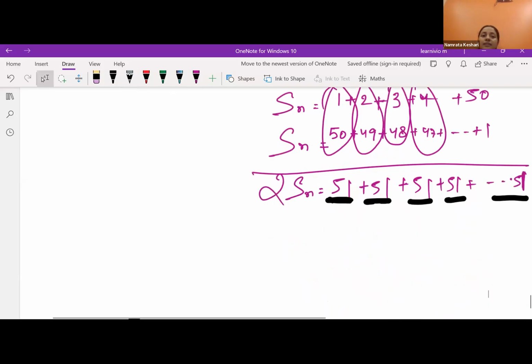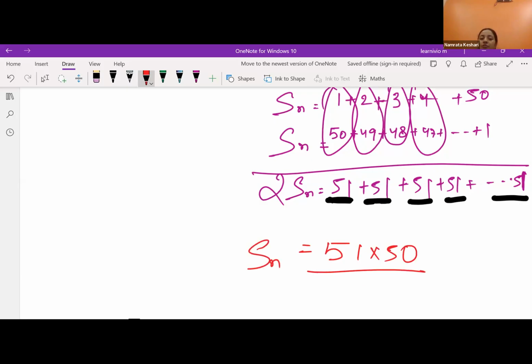We don't need to know this whole story. This has been done by Gauss, and he has given us a formula. I was just about to take the formula directly, but then I told the whole story. He said it will be 51 into 50, so Sn will be 51 into 50 by 2.